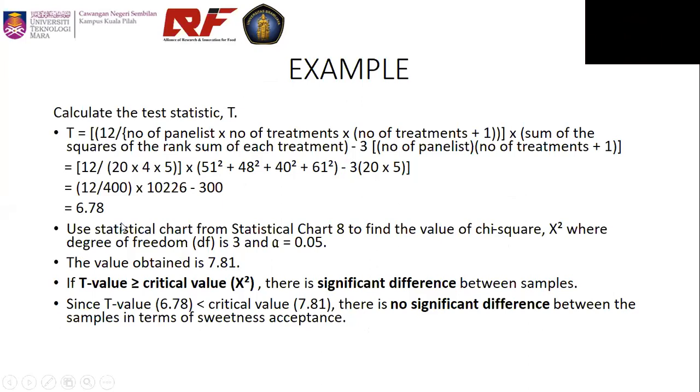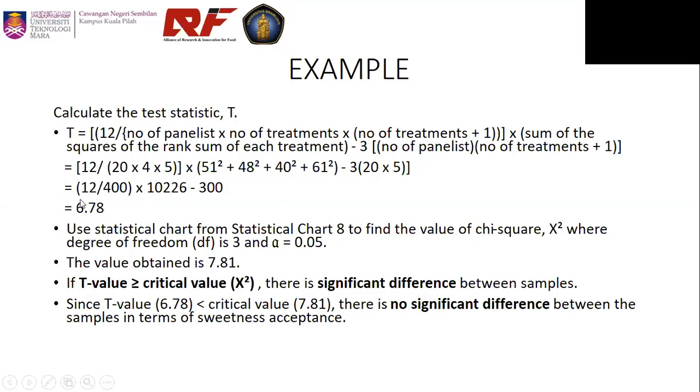So we need to compare. The T value we calculated just now is 6.78, and the value from the chart is 7.81. The guideline is, if the T value is more than the critical value from the chart, we can say there is a significant difference between samples.